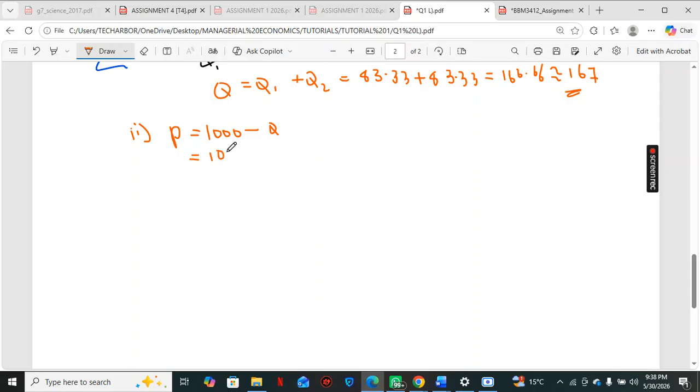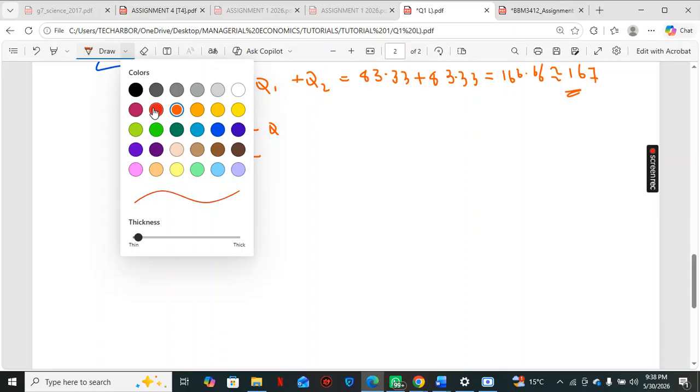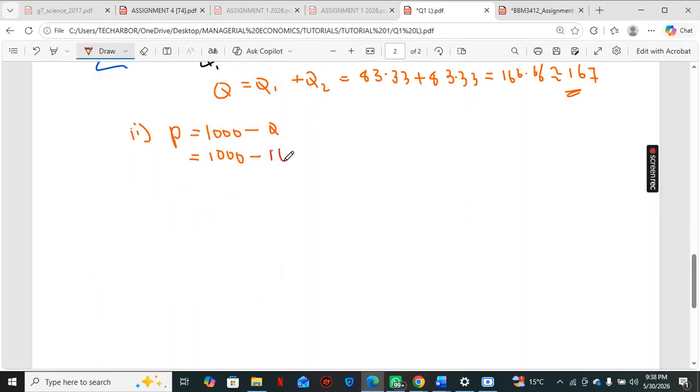So we're going to say 1000 minus 167. So 1000 minus 167, 833. So this is the price to charge to make the maximum profit, 833 kwacha. That's the optimal price, the price to charge so that you maximize profit.